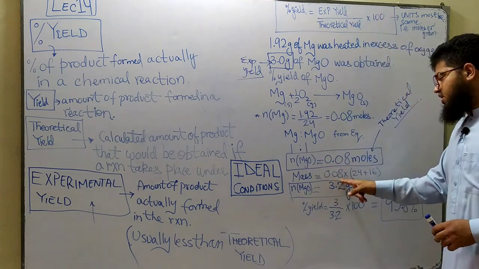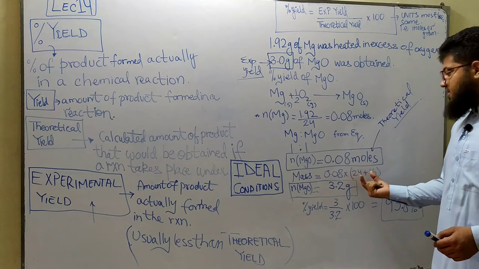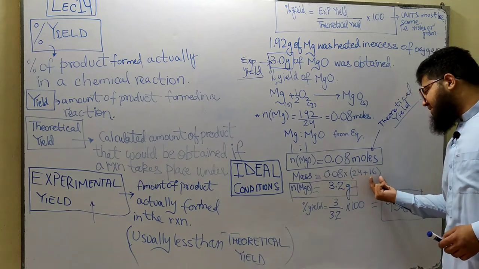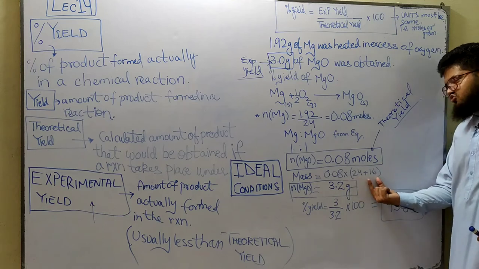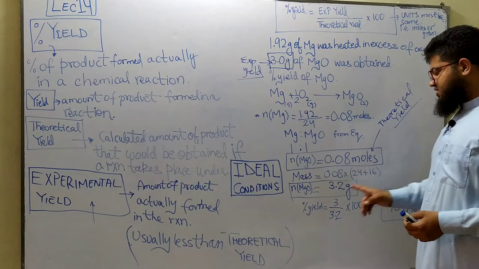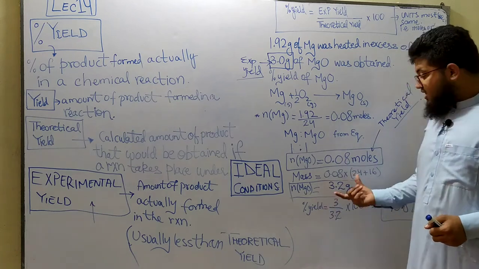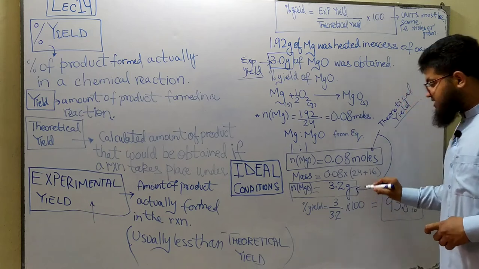So the moles 0.08 multiplied by the Mr of magnesium oxide, which is the mass of magnesium plus the mass of oxygen. Mass of magnesium is 24, mass of oxygen is 16. When you put it into your calculator, you'll get an answer of 3.2 grams. 3.2 grams is also the theoretical yield, but in grams.